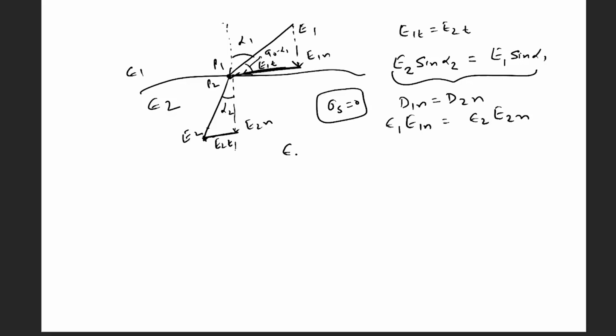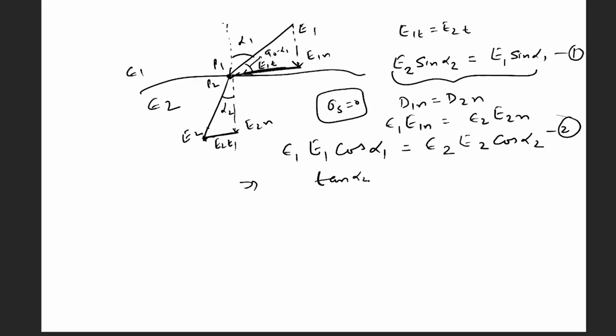Now putting the values, E1n is E1 sine of 90 minus alpha 1, which gives cos alpha 1, so epsilon 1 E1 cos alpha 1 equals epsilon 2 E2 cos of alpha 2. So this is equation 1 and this is equation 2. So dividing 1 by 2, what I will have is tangent alpha 2 over tangent alpha 1 equal to epsilon 2 over epsilon 1.